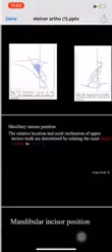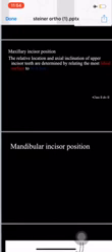Here, maxillary incisor position, the relative location and axial inclination of upper incisor teeth are determined by relating to the most labial surface NA line, while mandibular incisor, the relative location and axial inclination of the lower incisor teeth are determined by relating the most labial surface to NB line.